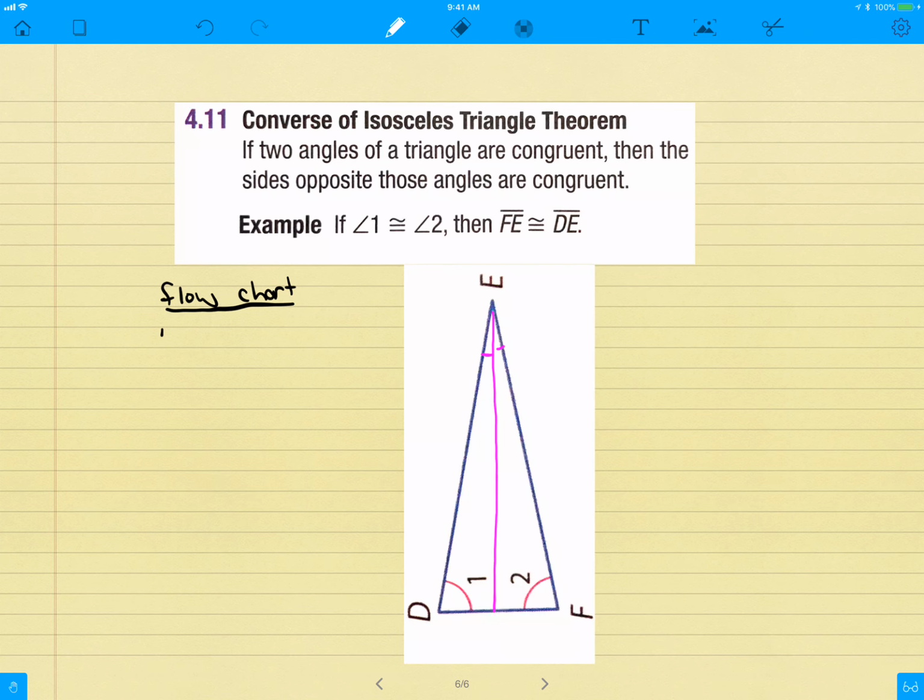Line 1, or the first bubble I should say, is I would mark that angle 1 is equal to angle 2. That's the part that they gave me. That was the start. So they gave me that, and those are the markers on the picture. The second line is that construction where I actually did draw an angle bisector, because I can put a protractor down, measure angle E, and cut it in half.